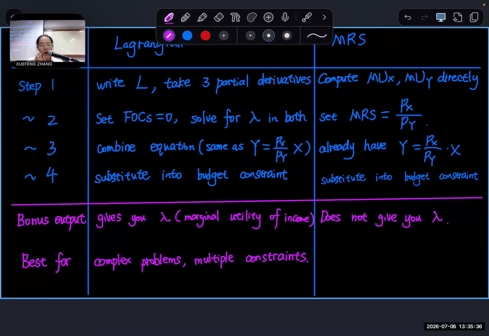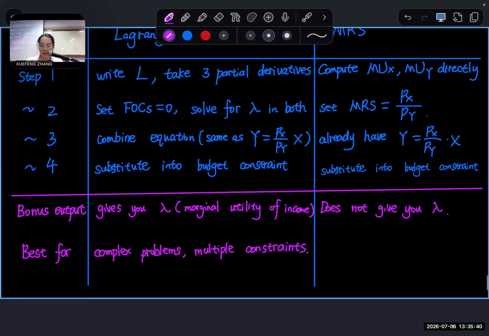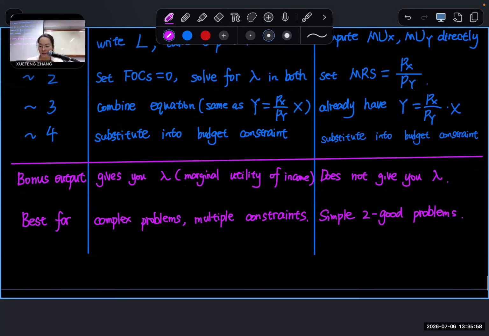But for MRS, it's simple for two-good problems, like when we have X and Y, right? And it's fast and intuitive.